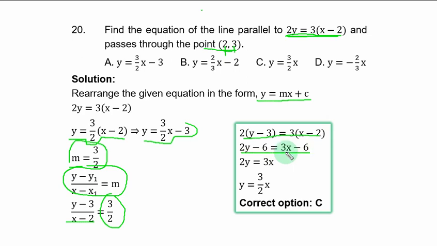If you collect like terms or you transfer minus 6 to this side, it becomes plus 6, and minus 6 plus 6 is 0. So you are left with 2y equal to 3s. Divide through by 2, you have y equal to 3 over 2s as the equation of the line. C is the correct option.